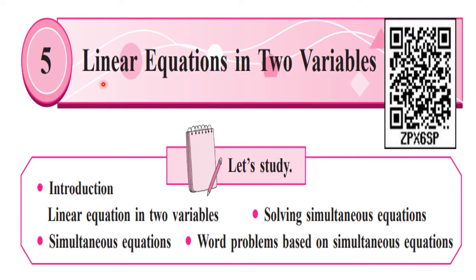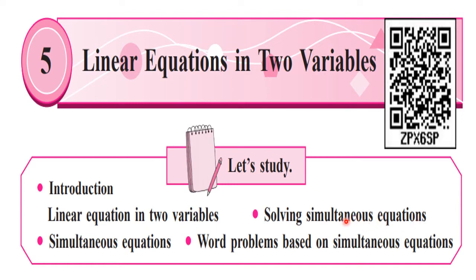The name of the chapter is Linear Equations in Two Variables. In this chapter, first of all, we will try to understand the meaning of linear equation in two variables, with the help of previous knowledge or whatever you have learnt in lower standards. Afterwards, we are going to see the methods to solve the simultaneous equations.